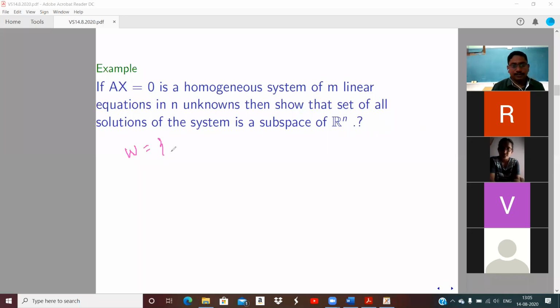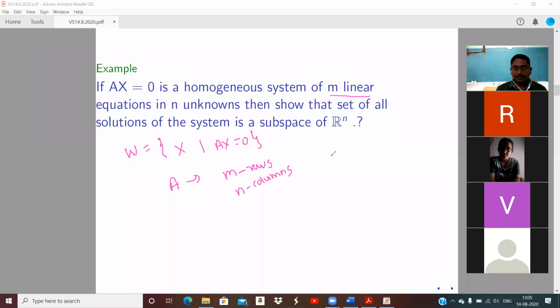Your set W is all those x satisfying Ax equal to 0. Now think where this x comes from. A has m rows, because there are m linear equations, and n columns, because n unknowns are there.